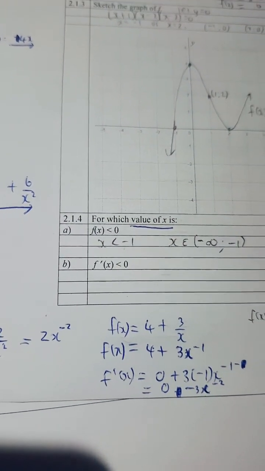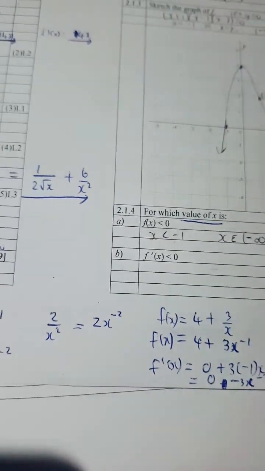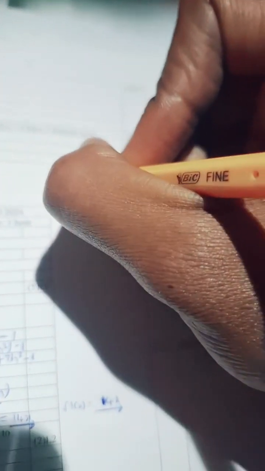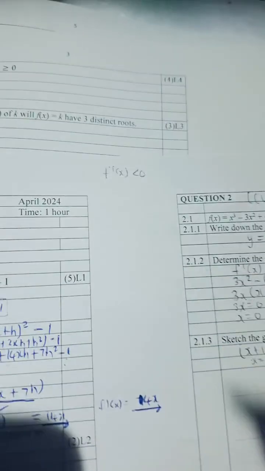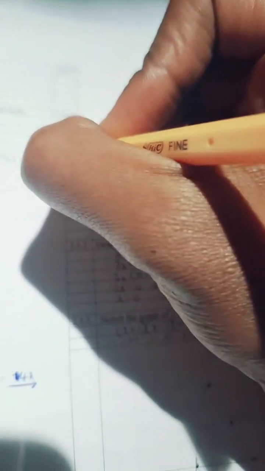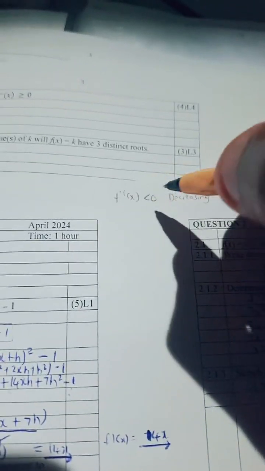Okay, so I'm going to explain what it means. If we say f prime x, guys, less than 0, this refers to where our function is decreasing.